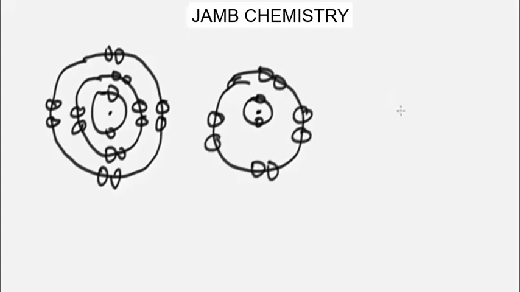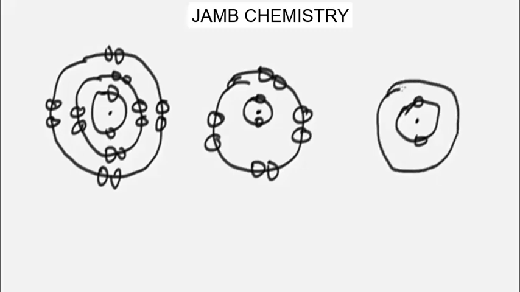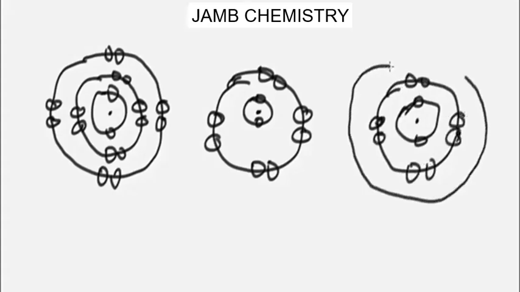And this will be the other chlorine atom. Okay, both chlorines have attained stability now, looking like argon, a noble gas, whereas the magnesium is looking like neon, a noble gas.